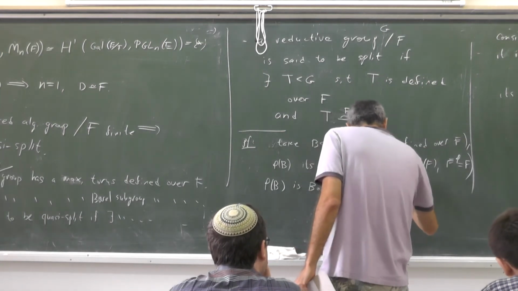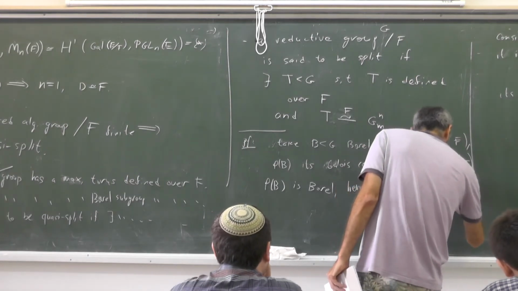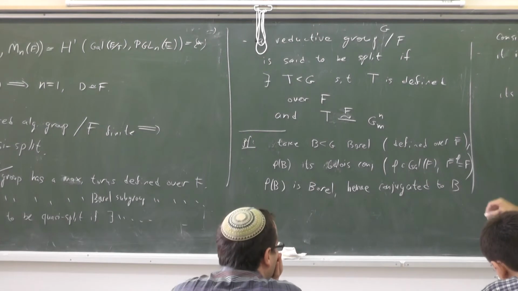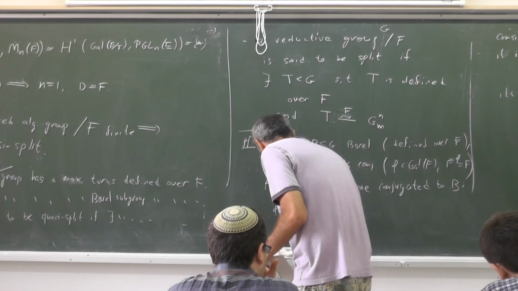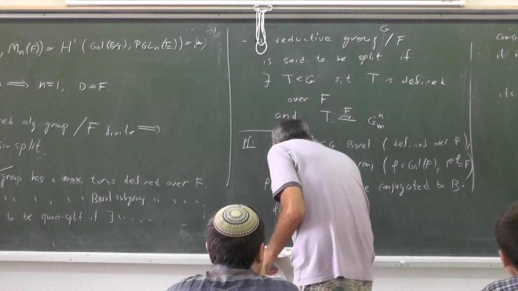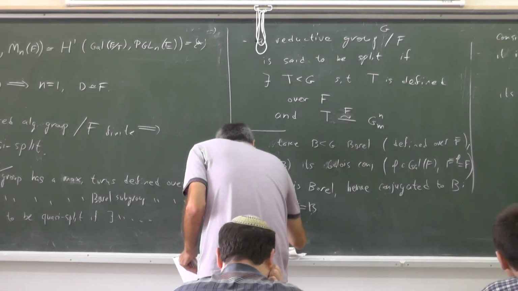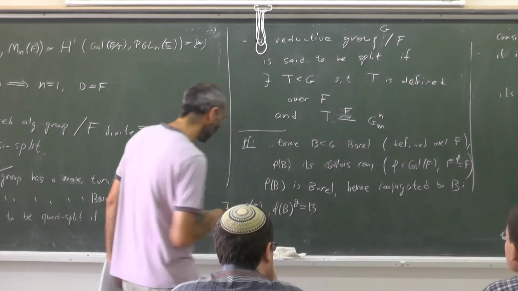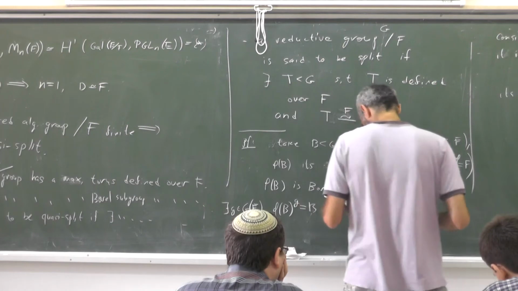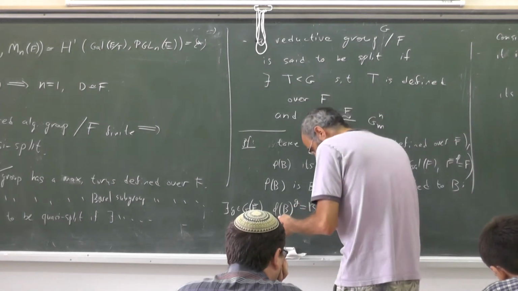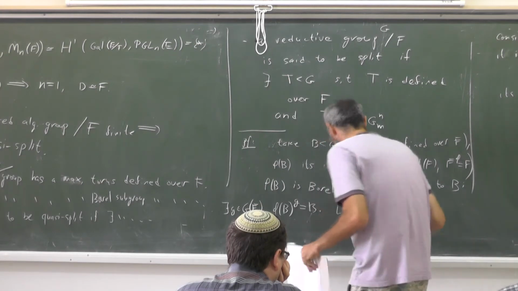Hence, all Borel subgroups are conjugate. So there is this g in G(F bar) such that I can conjugate phi of B back to B. Now I'm using Lang.